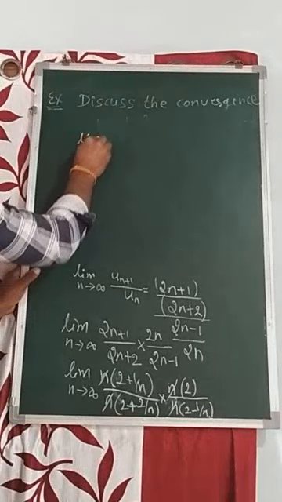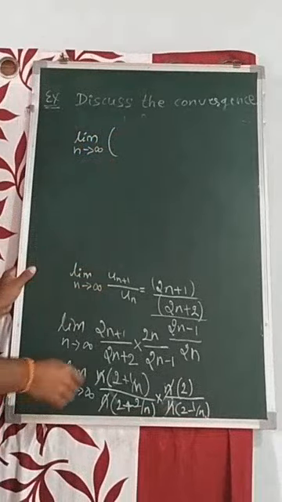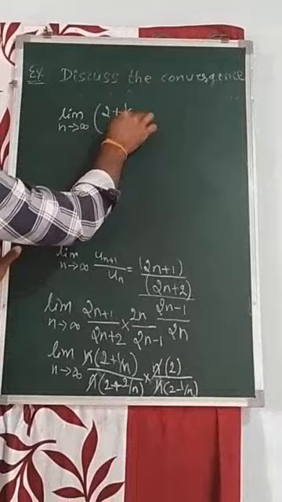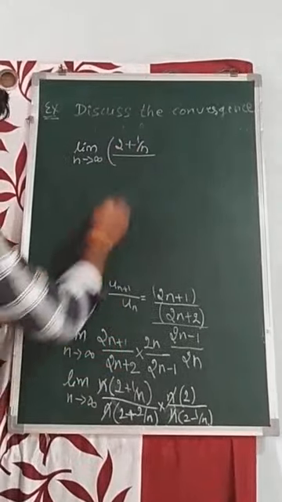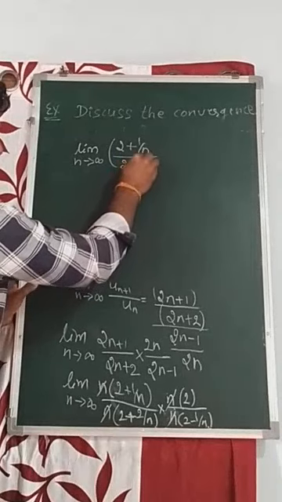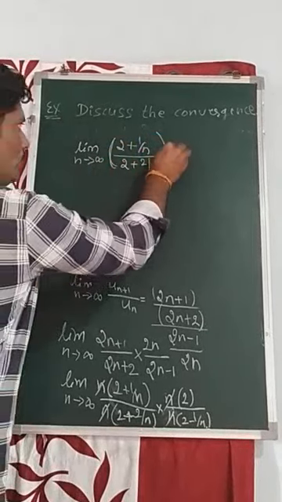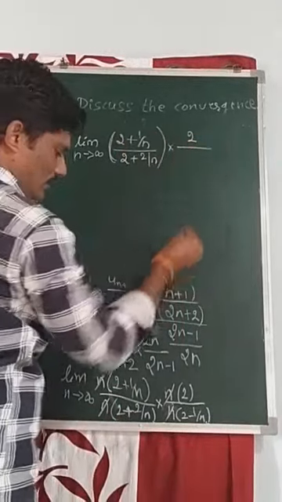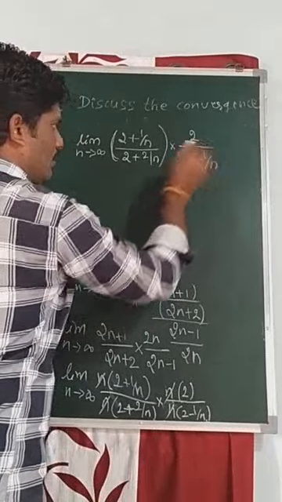Limit n tends to infinity, first one, 2 plus 1 by n divided by 2 plus 2 divided by n, into 2 divided by 2 minus 1 divided by n.